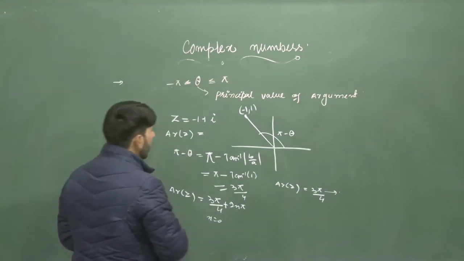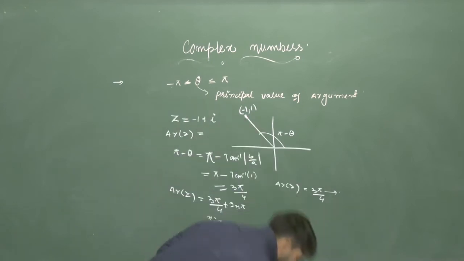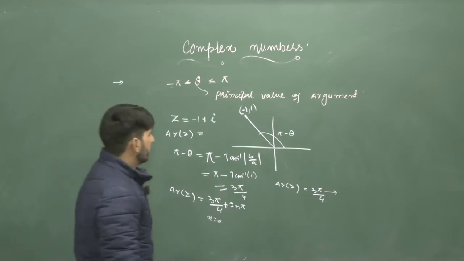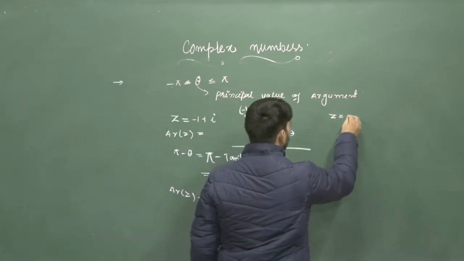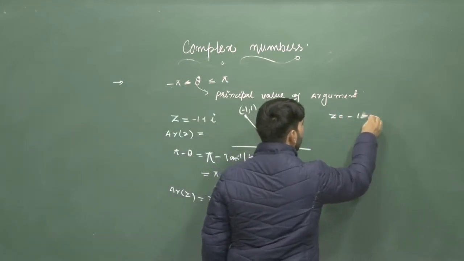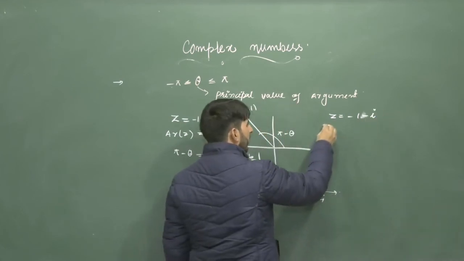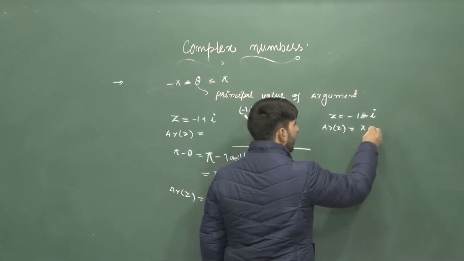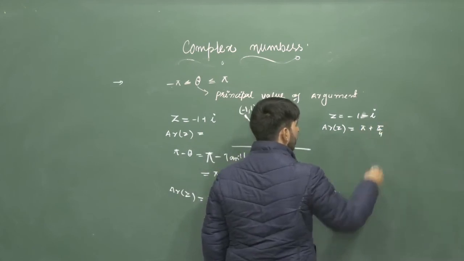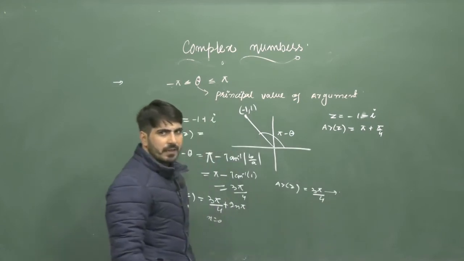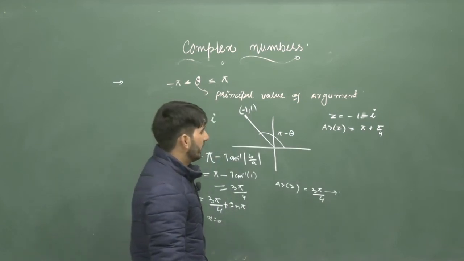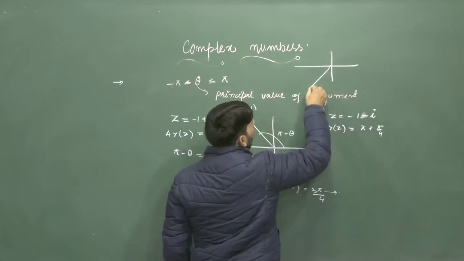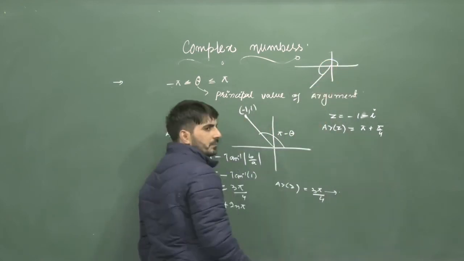Now, if we have a complex number like z = -1 - i, its argument is π + π/4, because this complex number lies in the third quadrant, where the argument is π + θ.